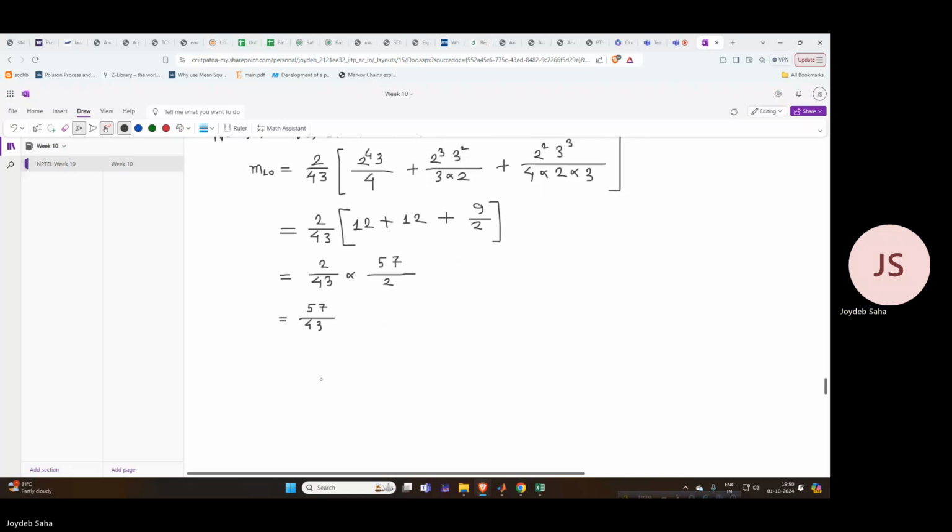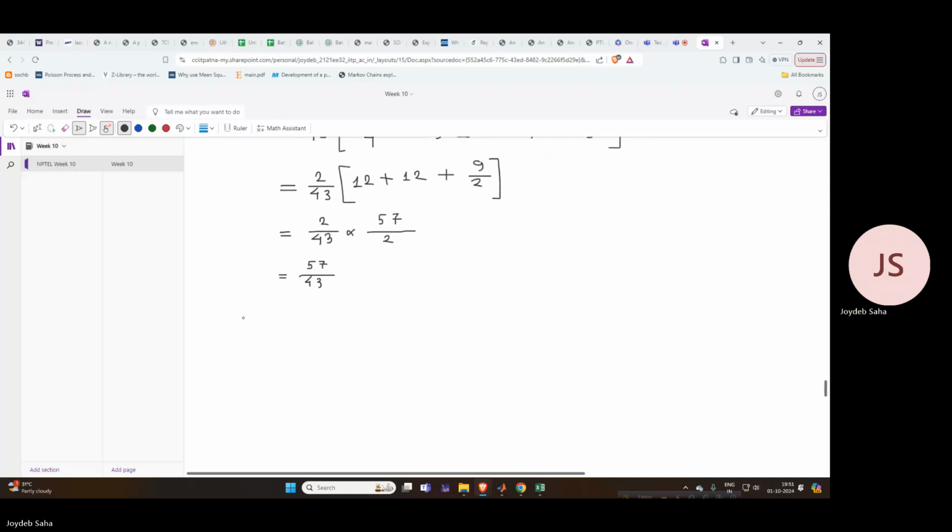Okay, what is this? M10 means expectation of x. What is expectation of y? It is M01. M01 is 2 upon 43.